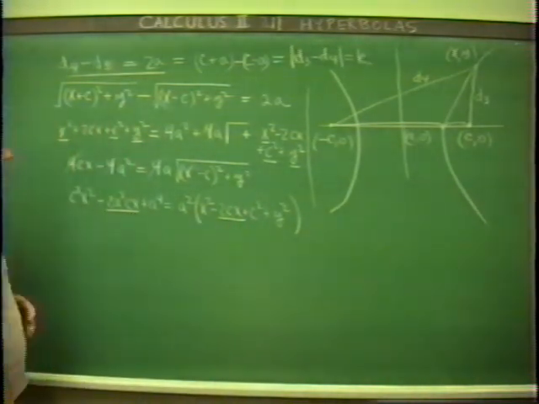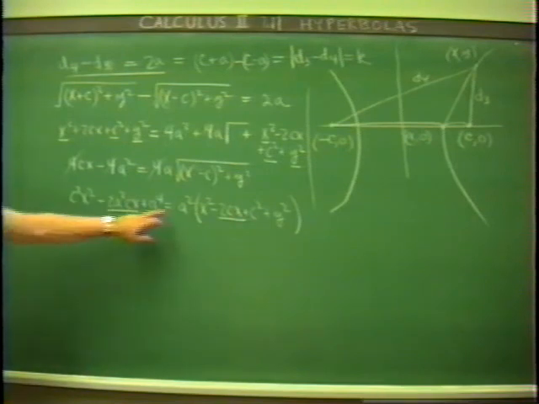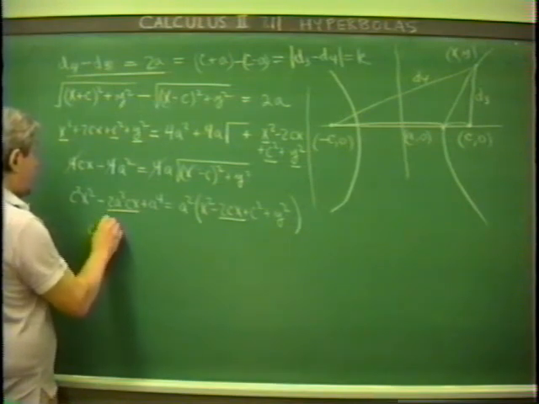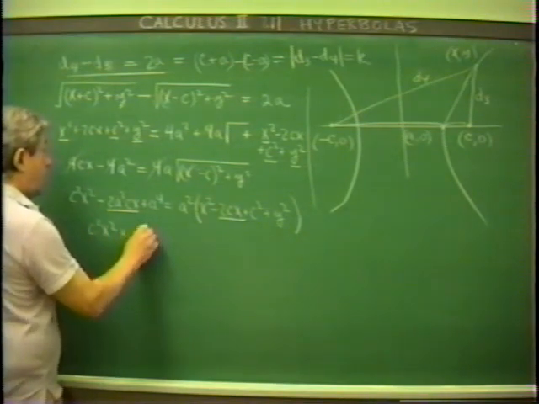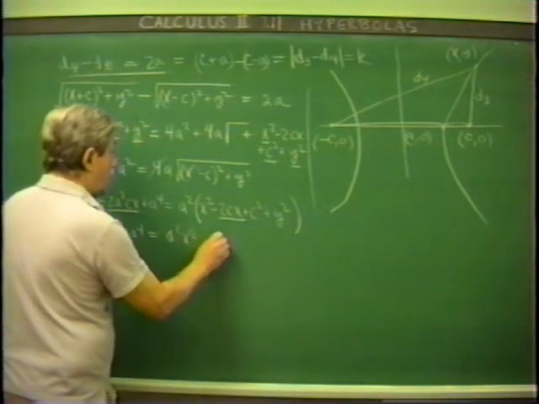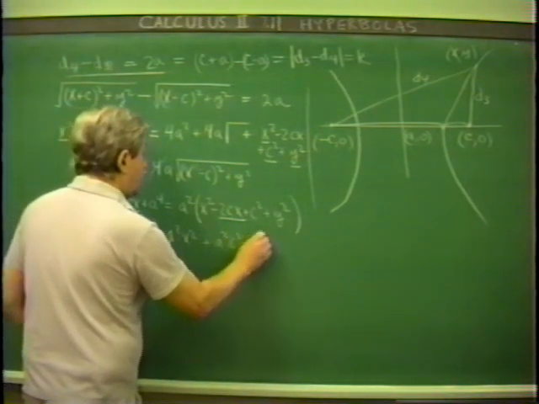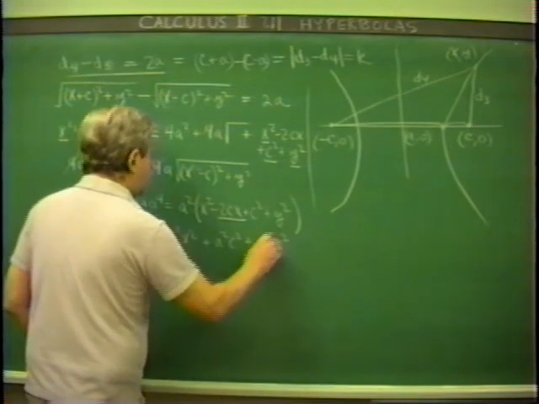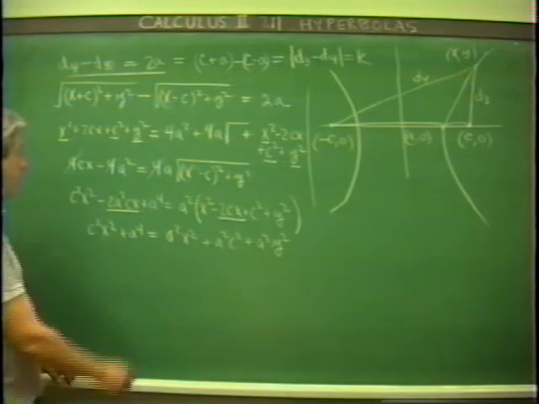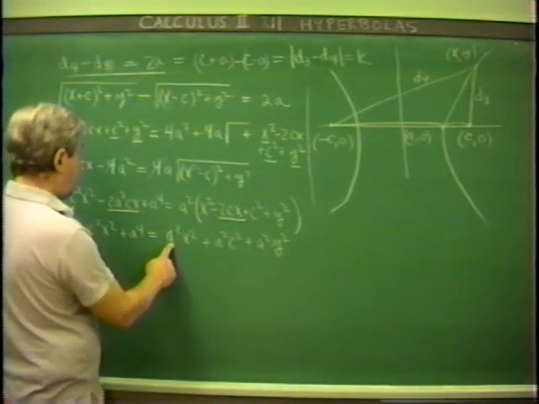Right? And now here we've got minus 2a squared cx, and over here, when we multiply this out, we'll have minus 2a squared cx. So we're going to remove both these terms from this equation, and we're going to get then c squared x squared plus a to the 4th is equal to a squared x squared plus a squared c squared plus a squared y squared.